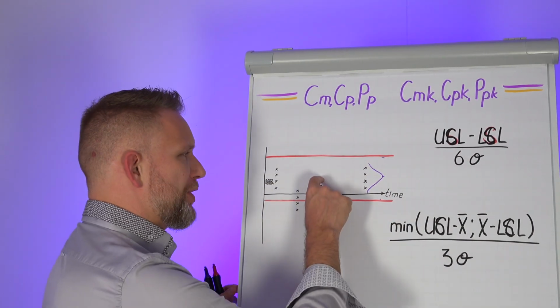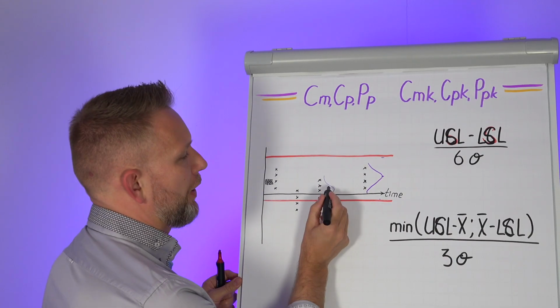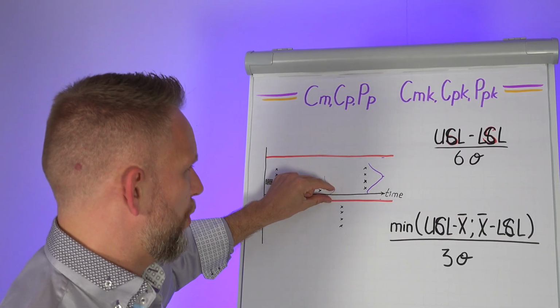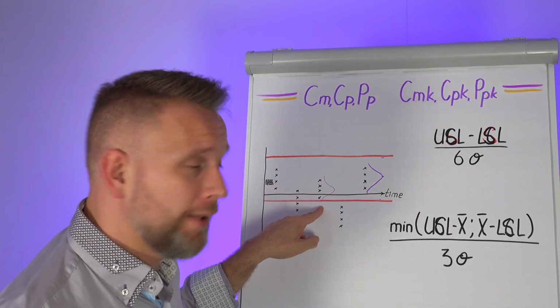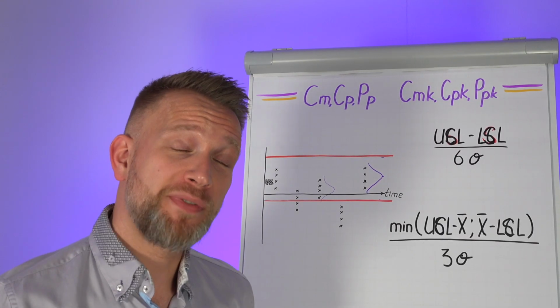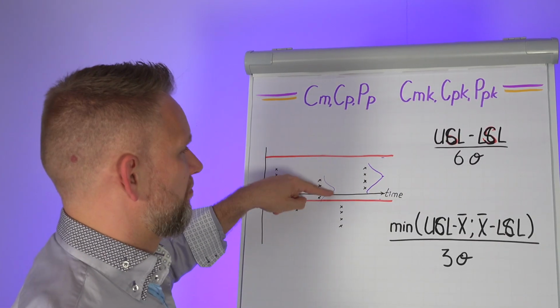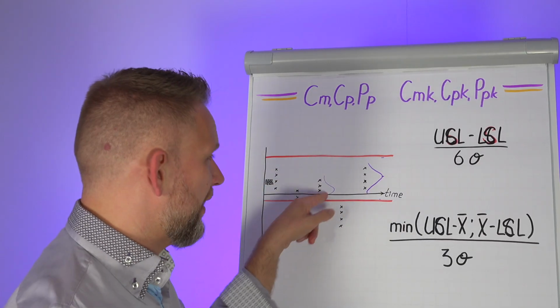When it is not centered, then you will see that in this case, the lower end is much smaller than the higher end. In fact, the lower end extends beyond our lower specification limit, so it doesn't even hit 1. This is about 2, but here we've got 0.8, 0.9, something like that.